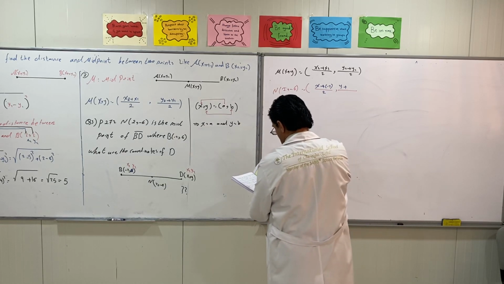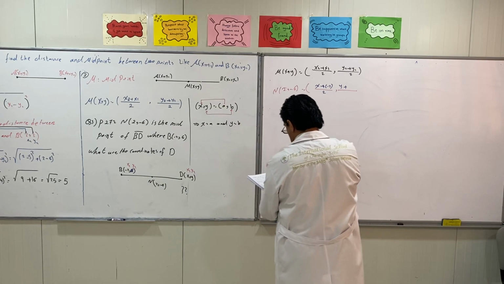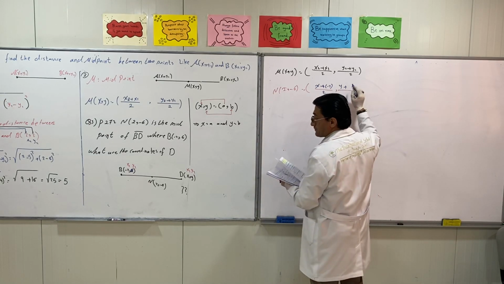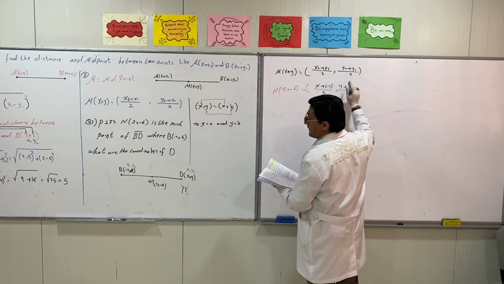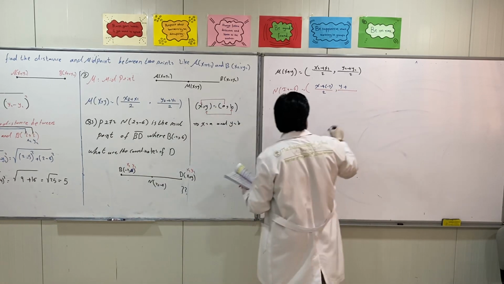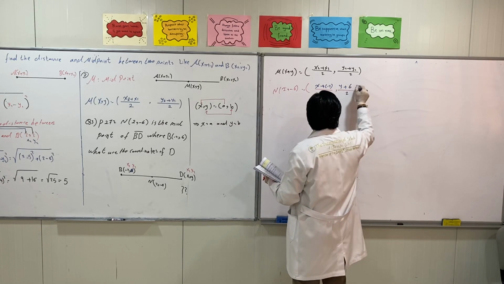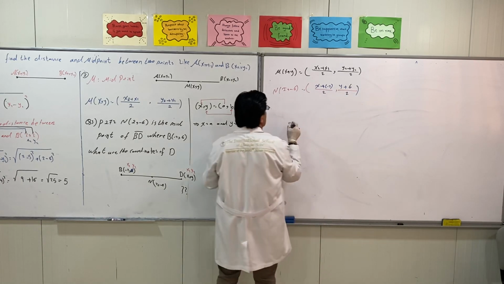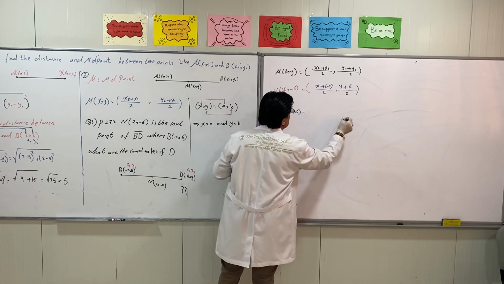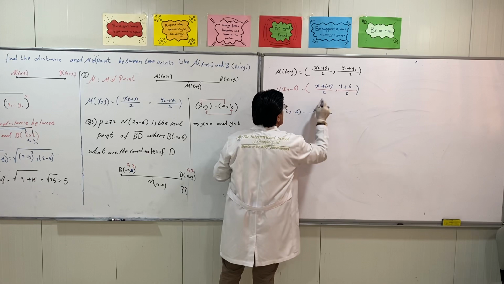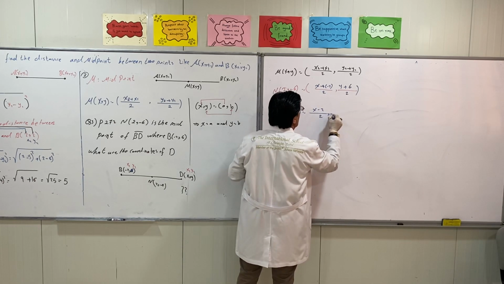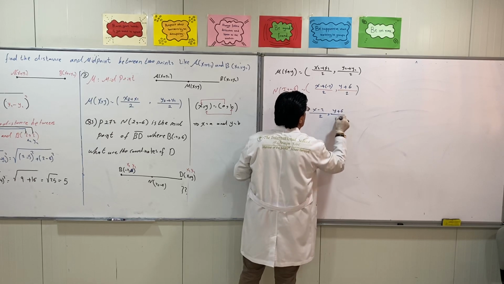B is (-2, 6) and N equals (2, -6). So we get (2, -6) equal to ((x + (-2))/2, (y + 6)/2).